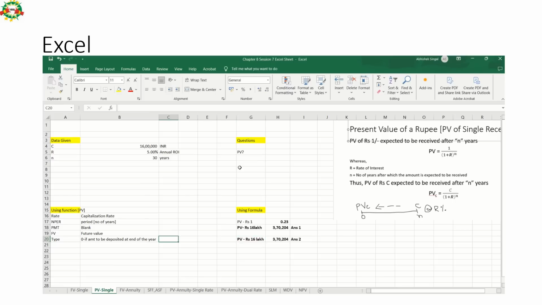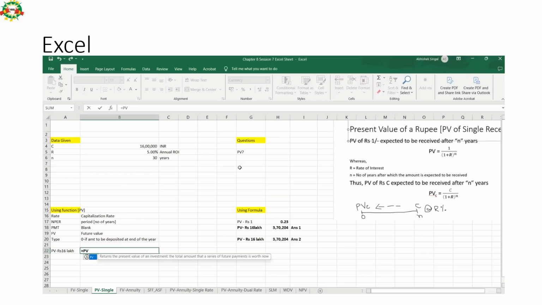And let us calculate with the help of the function now. If you don't remember this formula, then with the help of function, present value, rupees 16 lakh. So equal to present value, short form PV, bracket open. Now it will ask for this information.